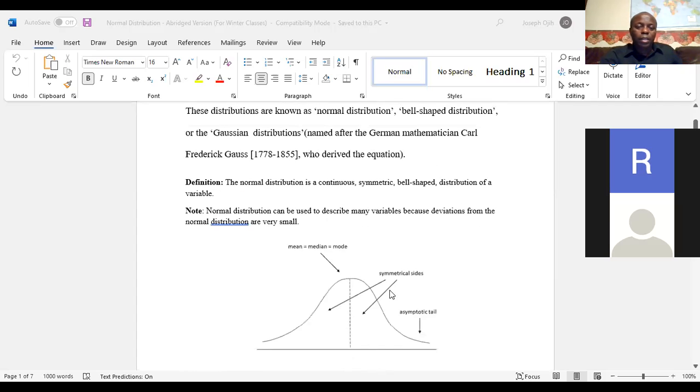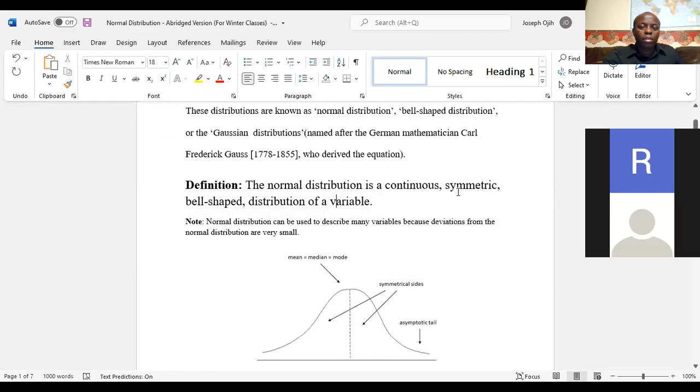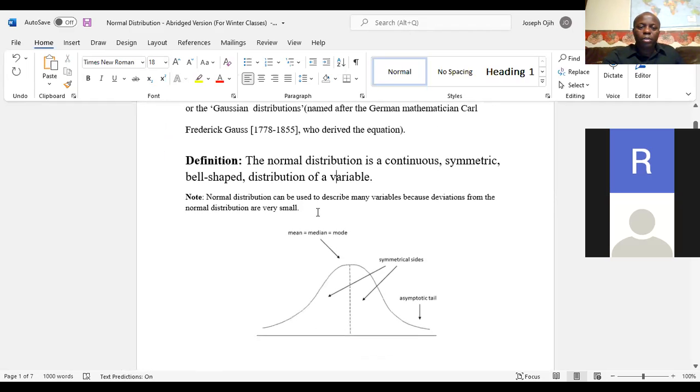So the normal distribution is a continuous, symmetric, bell-shaped distribution of a variable. That's the best definition. We use this to describe many variables because deviation from this norm is not really much, except if there's a problem, like somebody who is a giant, or somebody who has a blood pressure problem. That means the blood pressure might deviate a lot from the norm.